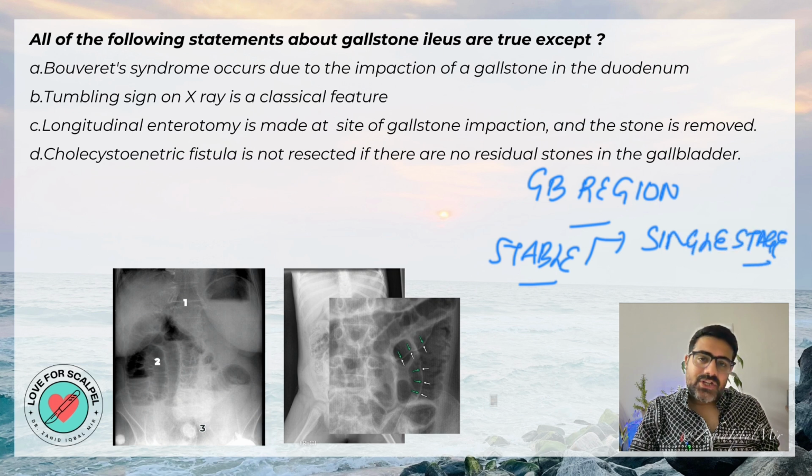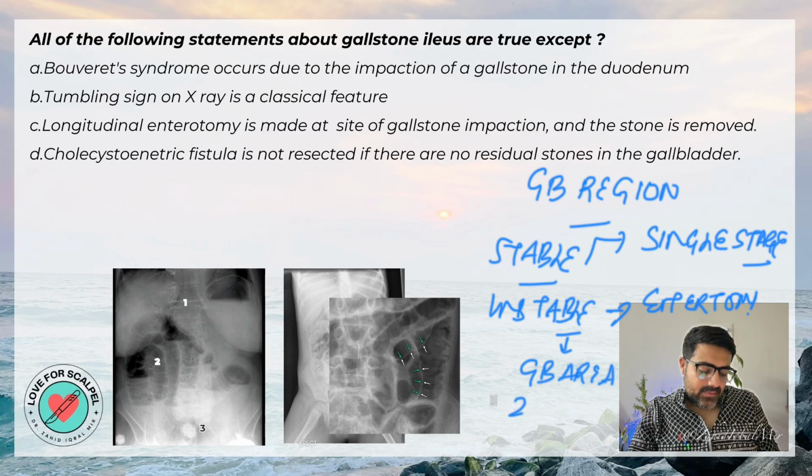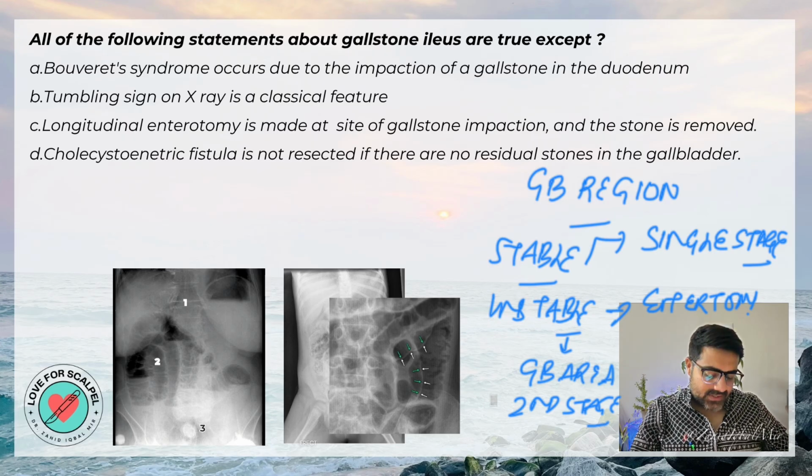But if your patient is unstable, then you do only an enterotomy for gallstone ileus, and you keep the gallbladder area surgery for the second stage. So this is how it is managed.